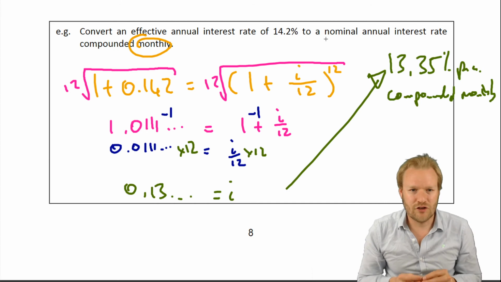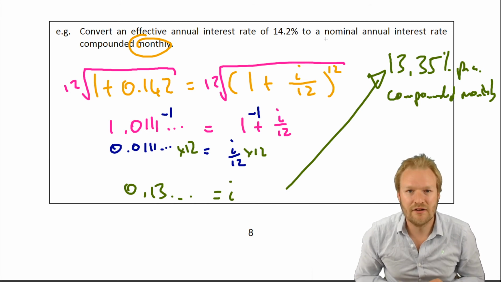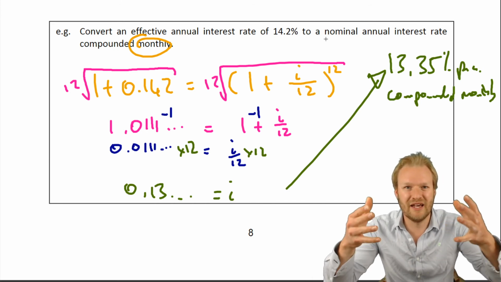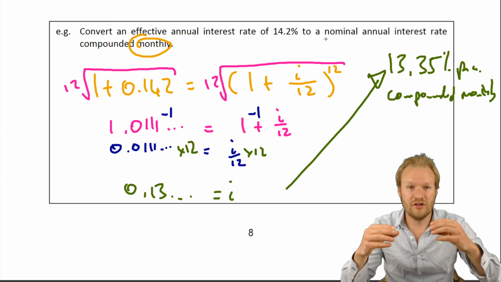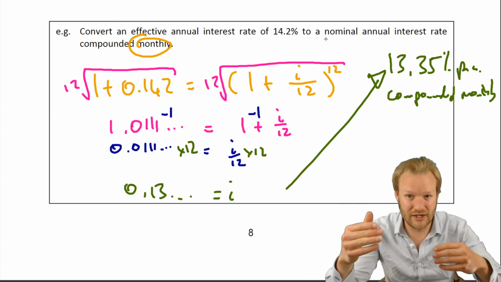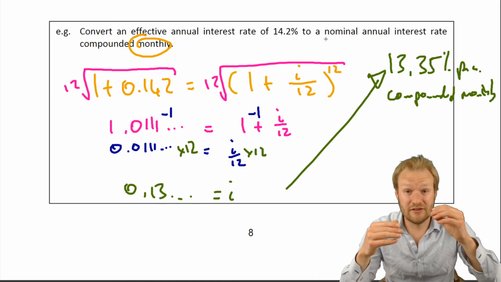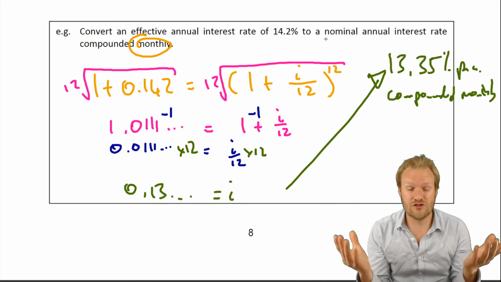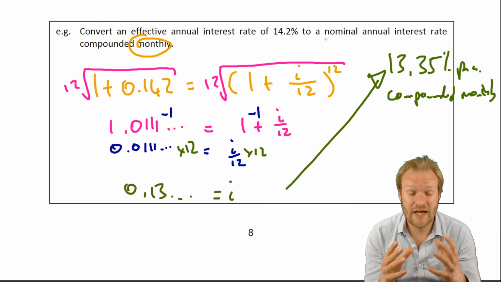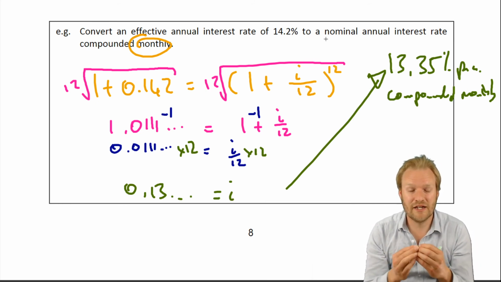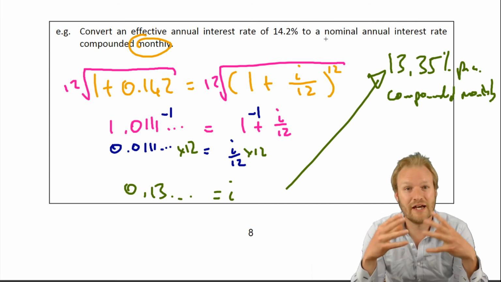Now, if you're compounding monthly, it would be a lower percentage rate, because it's like you're earning interest on that money all the time. So in that first month, on your 100 Rand, you're earning some money. And in the second month, you're earning money on the original 100 Rand and the interest.